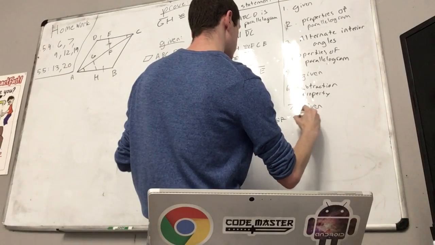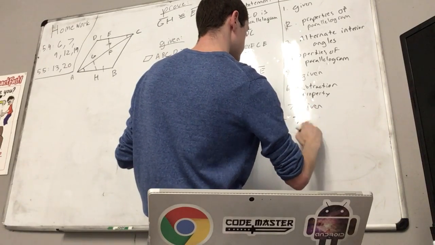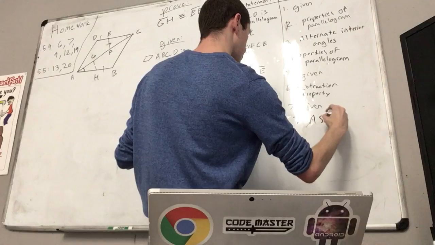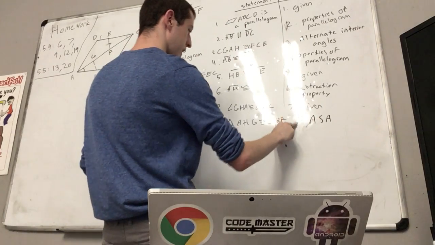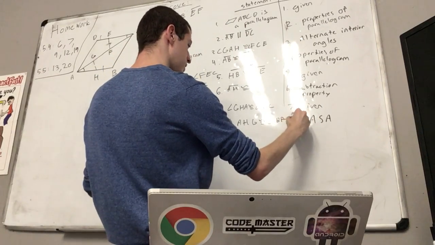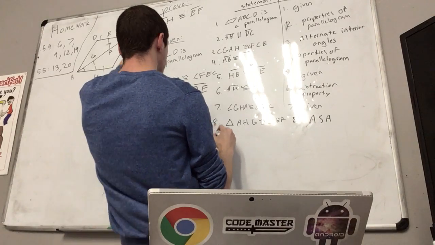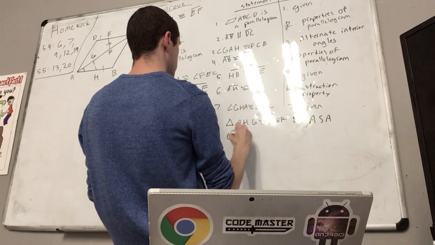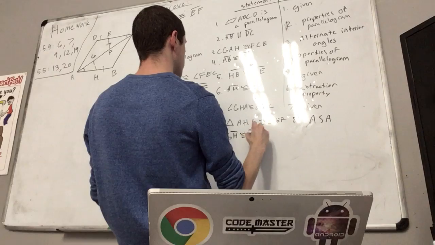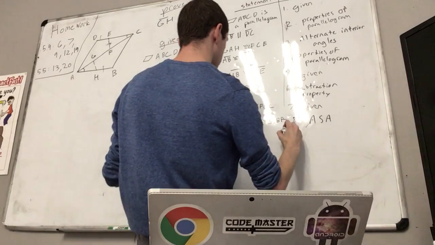That's angle side angle, and that was number 8. Finally, number 9, we can do our proof. GH is congruent to EF, CPCTC, and we're done.